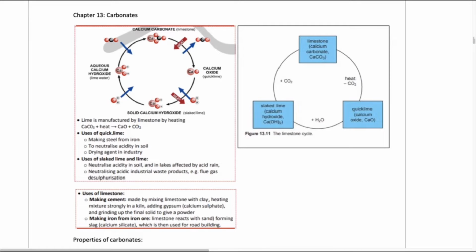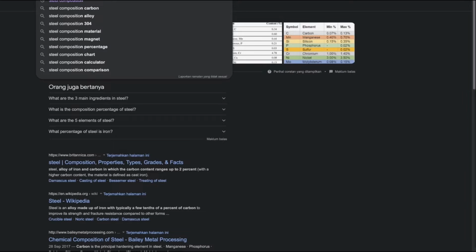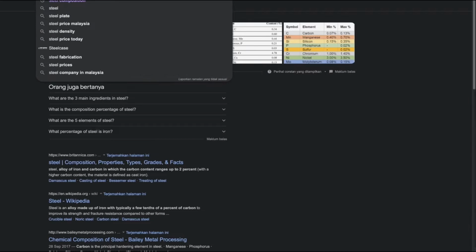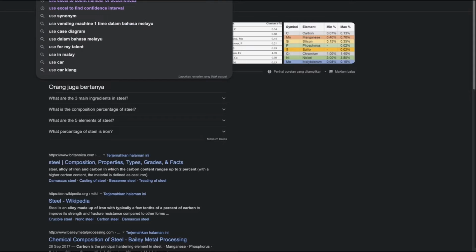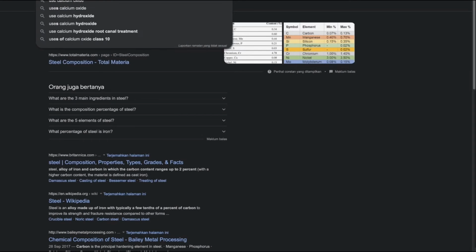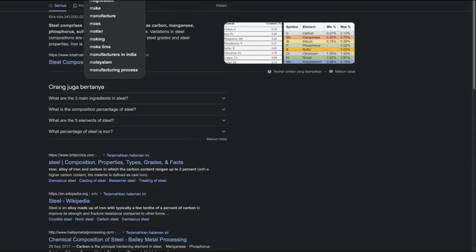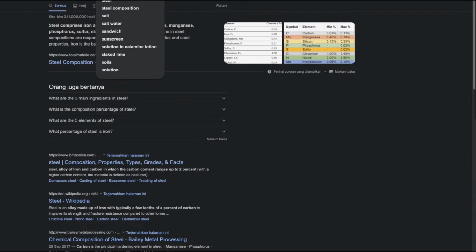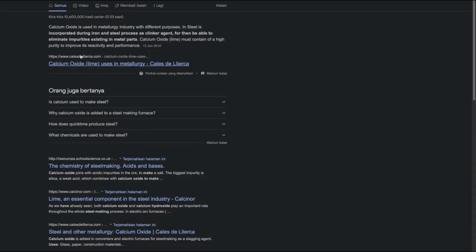Second point, uses of quicklime. That means the usage of calcium oxide. Making steel from iron, use calcium oxide to make steel. Let's take a look.